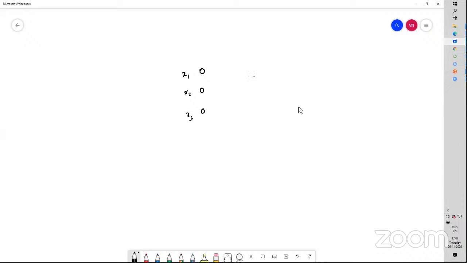I'll place this as our neuron logic. In the neuron logic, let's say we have 2 things. One is the summation logic, and the other is the activation function phi.